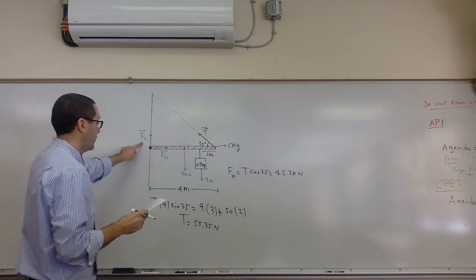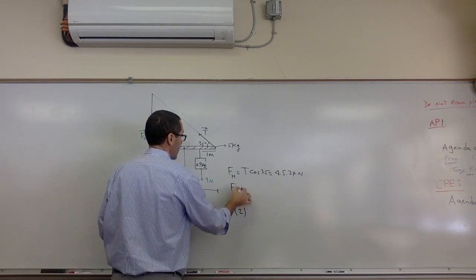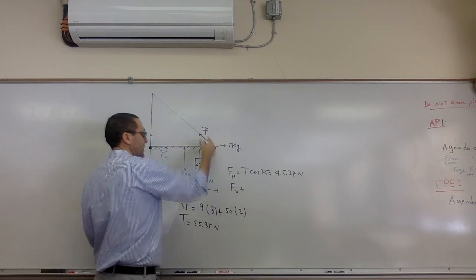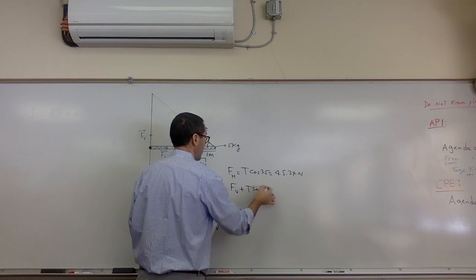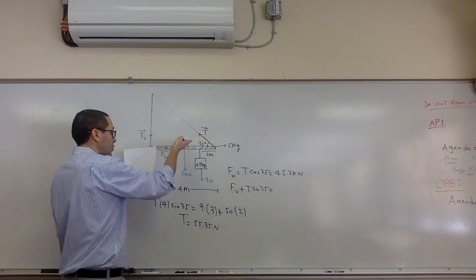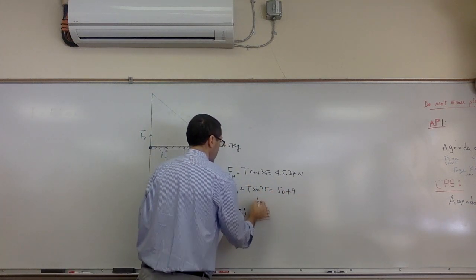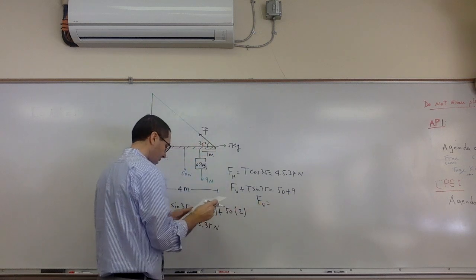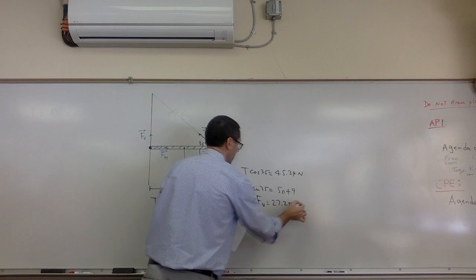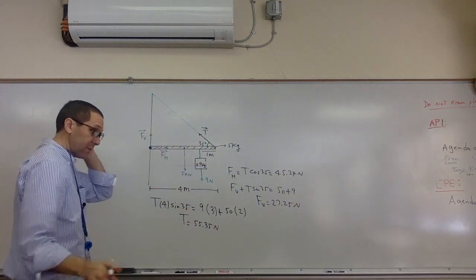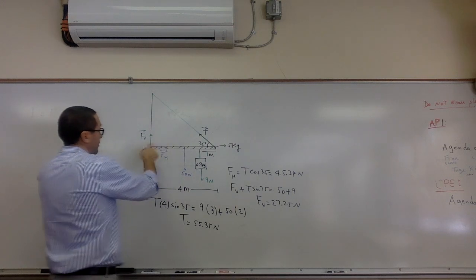Now to find the vertical component, I think I'm just going to do that vertical component plus the vertical component of T, which is T sine of 35, to start acting up. That should equal 50 plus 9. Now the vertical component should be 27.25 newtons, right?